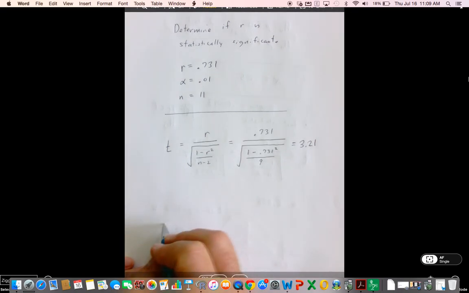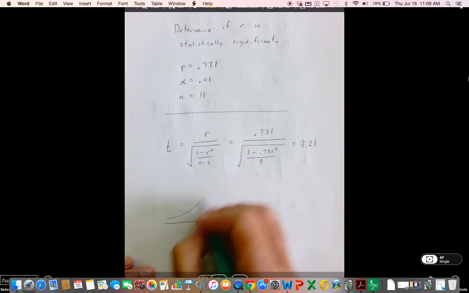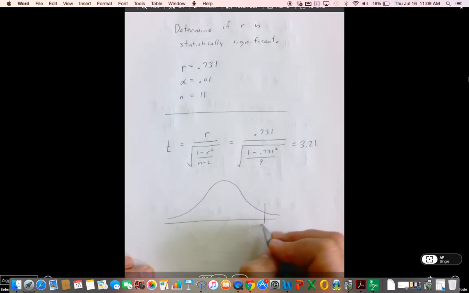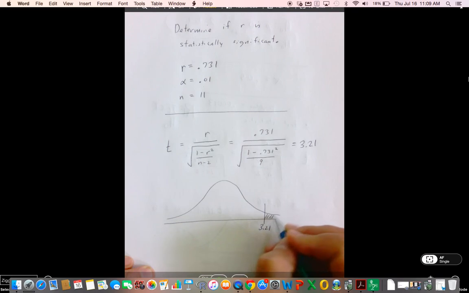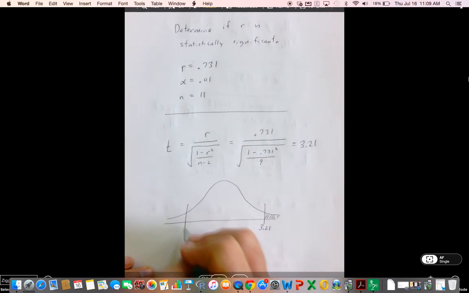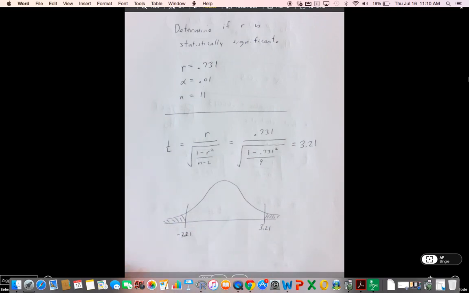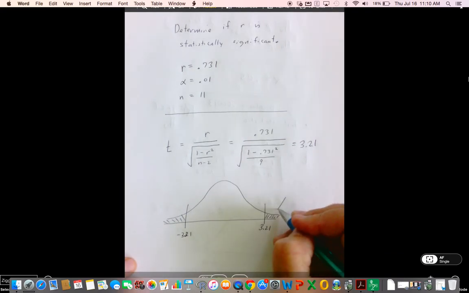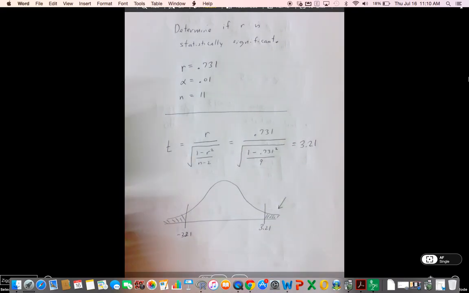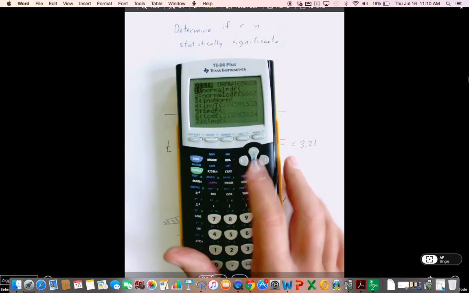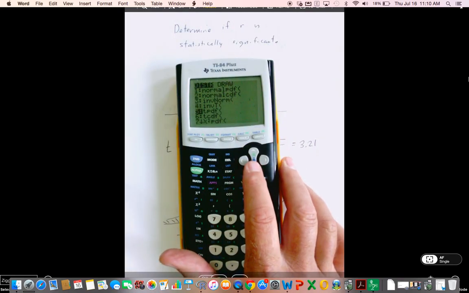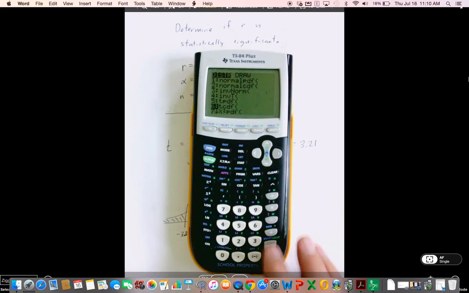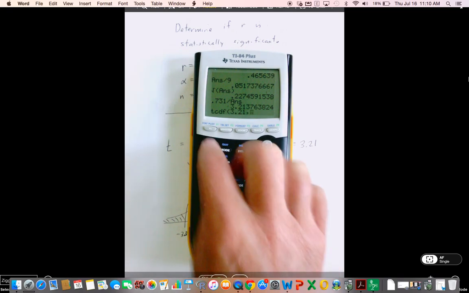Now I'm going to use what I know from before. Find the area above 3.21 and the area to the left of negative 3.21. So all I need to do is find one of these and multiply by 2. All right, so I have 3.21 up to infinity.